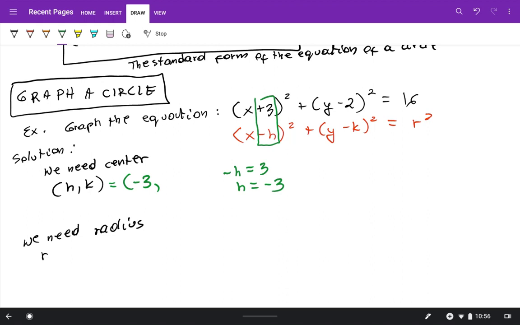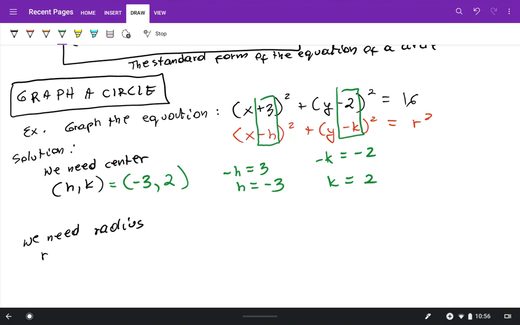Also here when you match, we have y, and we have negative k equal to negative 2. So that means negative k is equal to negative 2, so k is equal to positive 2. So the y coordinate will be 2.